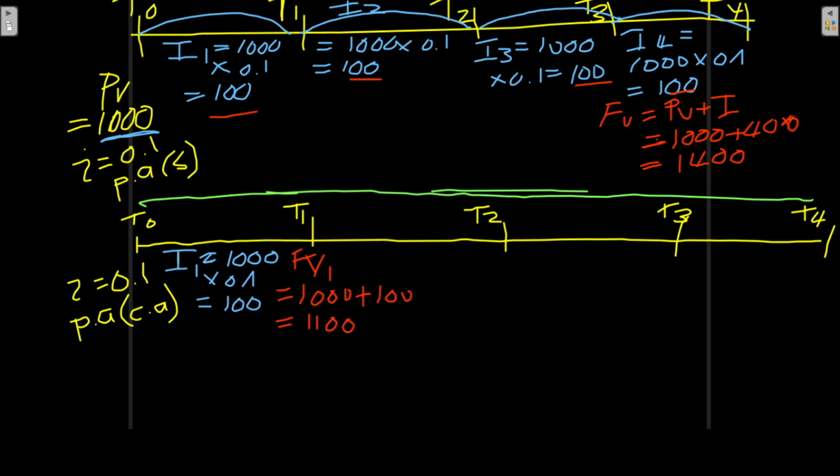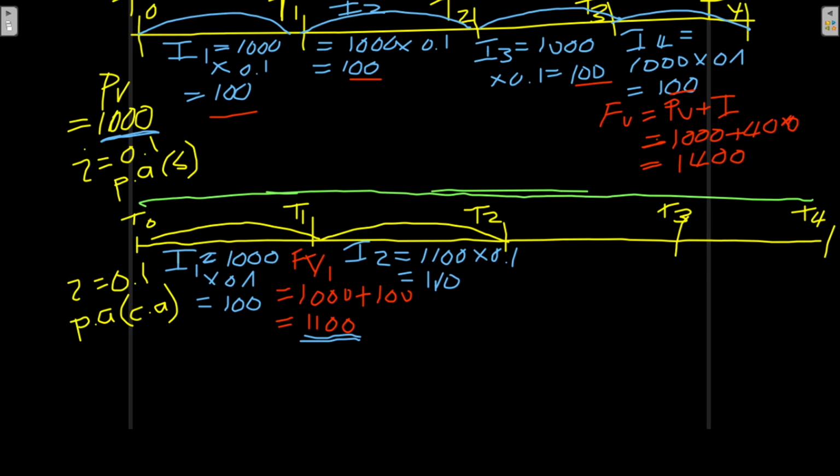Now in the second year, I will again earn some interest. So the interest in the second year is this 1,100 rands times the interest rate of 0.1, and that's 110 rands.